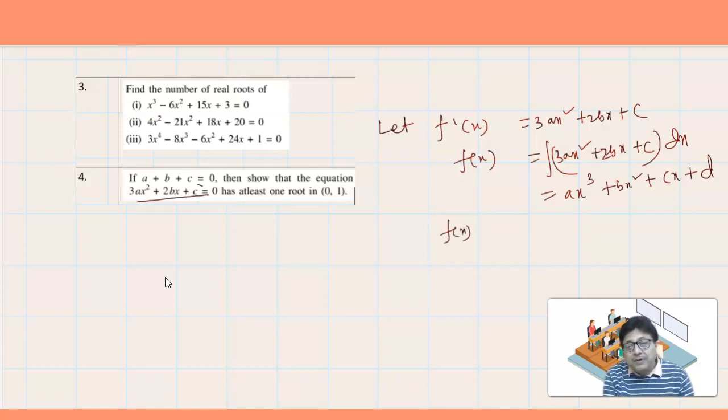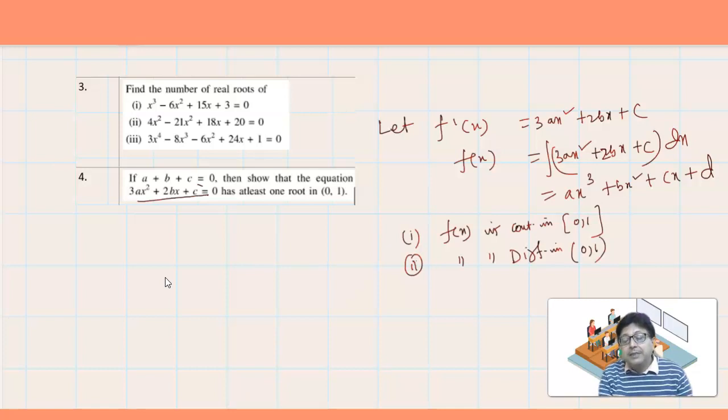Now start writing here. Number 1, f(x) is a polynomial function. It is continuous in [0, 1]. Number 2, f(x) is differentiable in (0, 1).